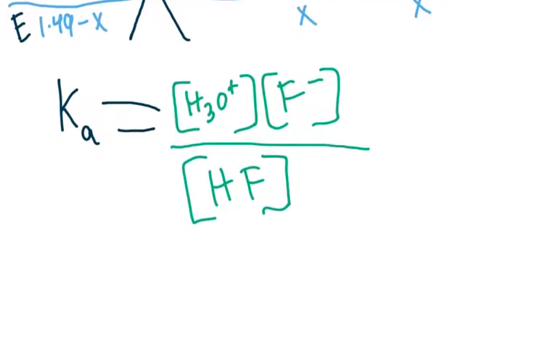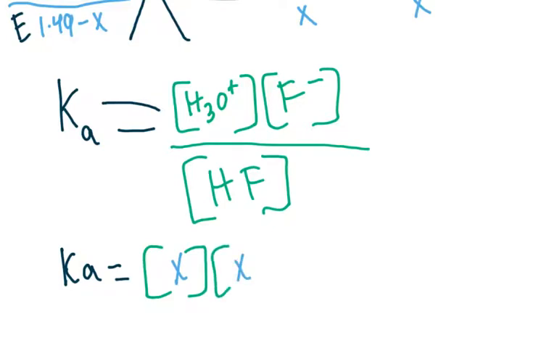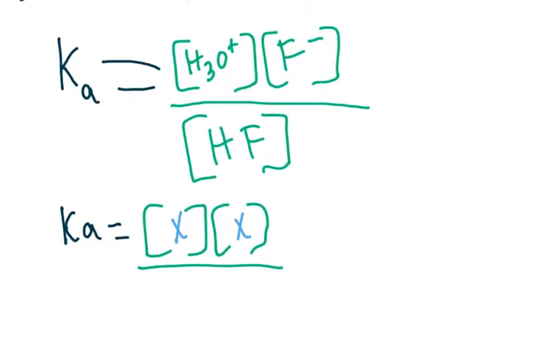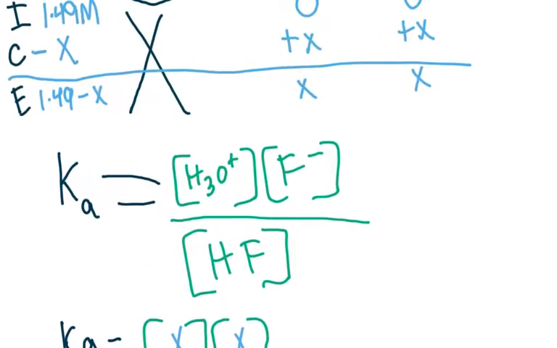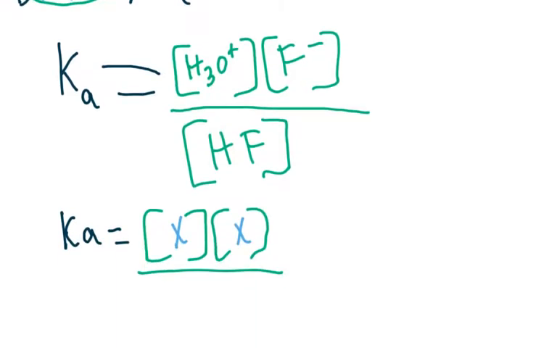So Ka is equal to our x concentration that we saw in our ICE table, times our x concentration for our fluoride anion, over what was our concentration for HF? 1.49 minus x. So let's feed that in: 1.49 minus x.